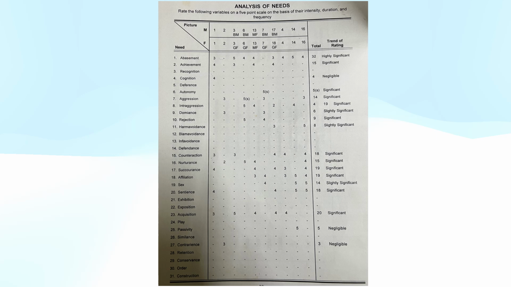You have to rate it 1 to 5 and then in the end calculate the total, and depending on the total you have to say whether it is highly significant or insignificant. There is also a rating present in the manual which tells us how much significance is present.